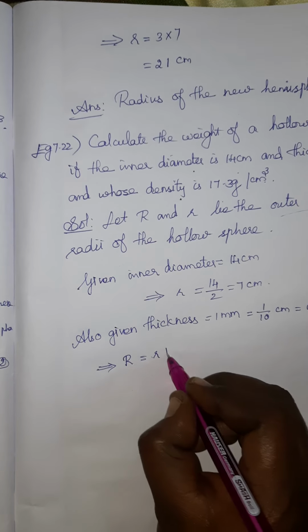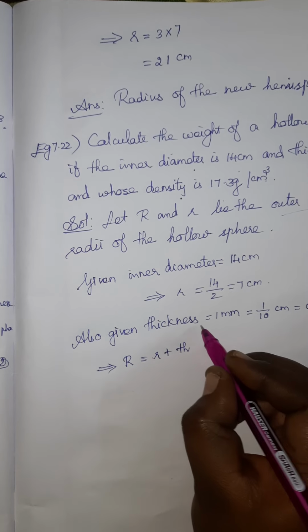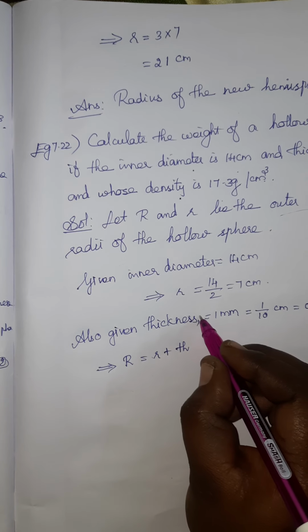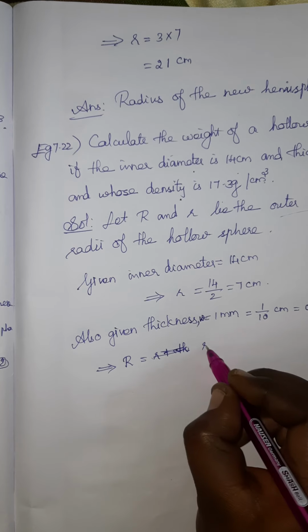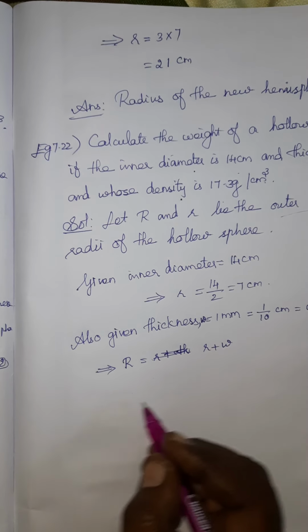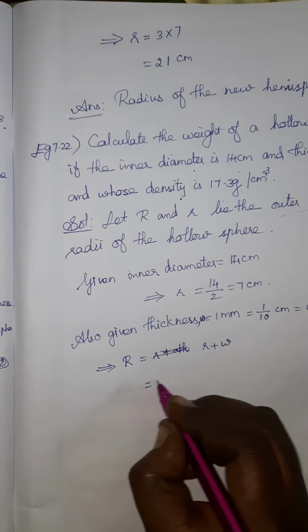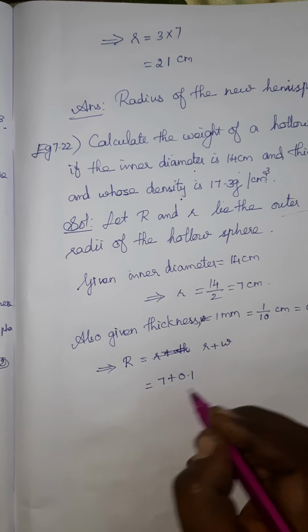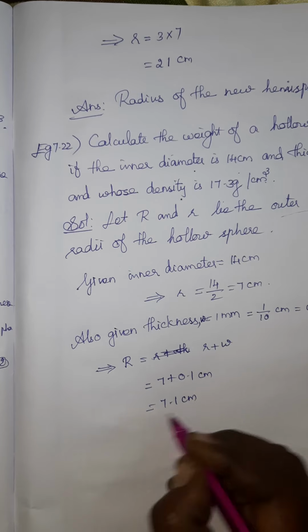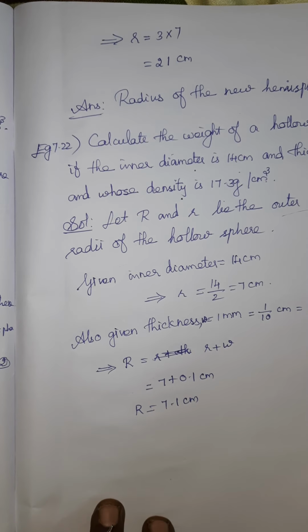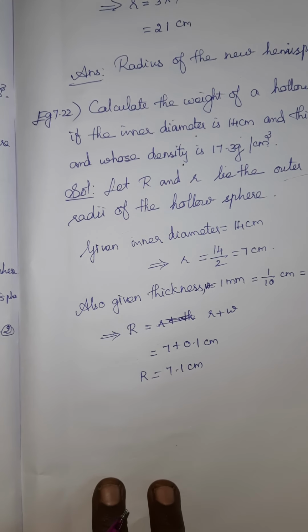Which implies what about the capital R value? It is small r plus thickness. Normally thickness we write as W, width. So R is equal to 7 plus 0.1 centimeter, that is equal to 7.1 centimeter. So we get the capital R and also we have the small r.